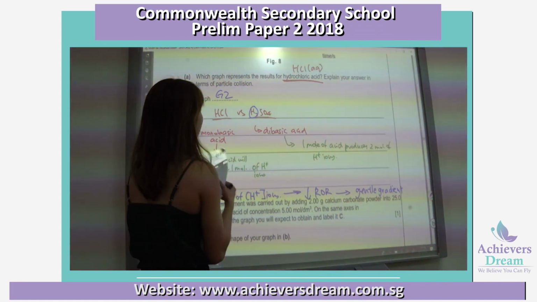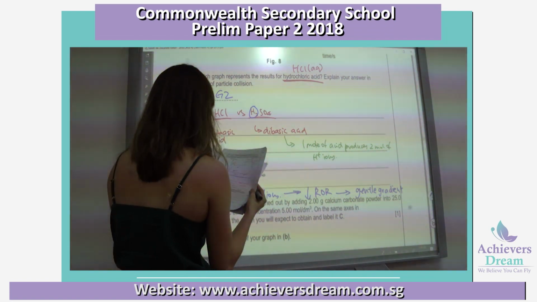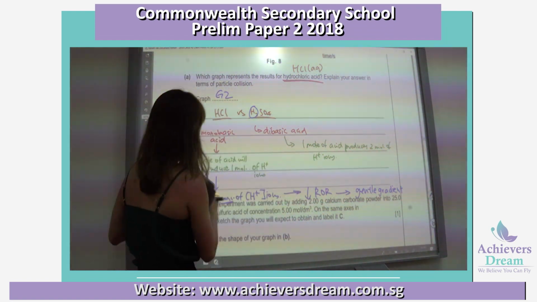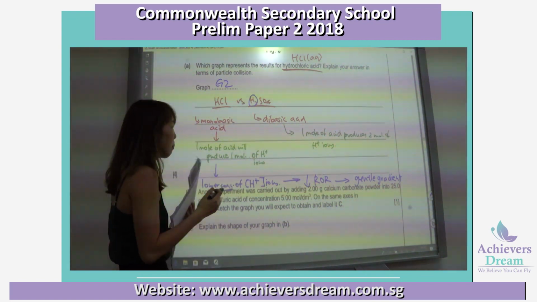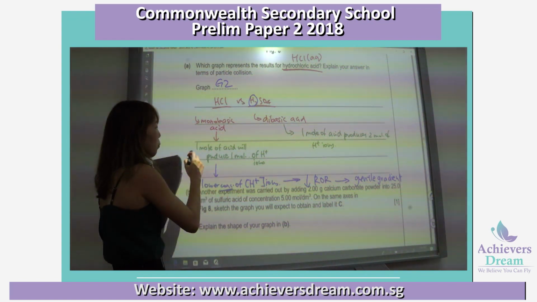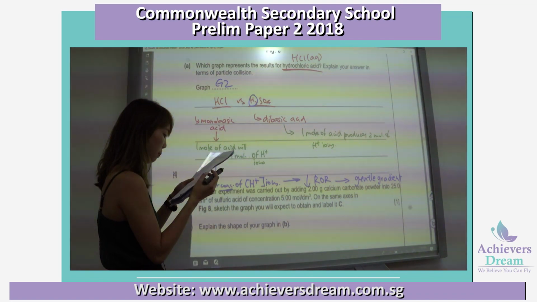Okay, then they ask you to explain in terms of particle collision. Same thing, you have to say that HCl is a monobasic acid, whereas H2SO4 is a dibasic acid. Then you explain the meaning of monobasic acid.